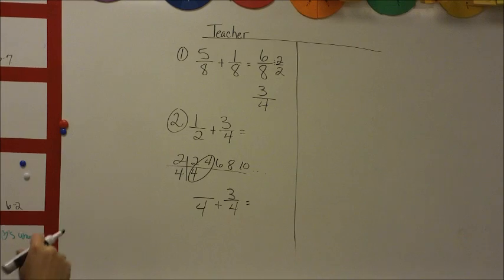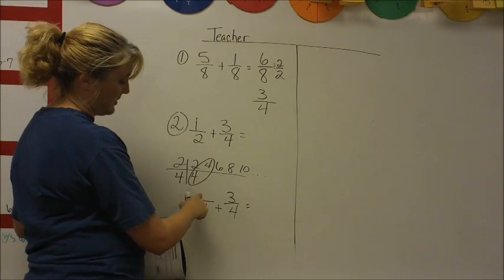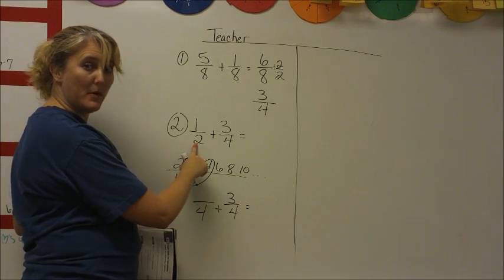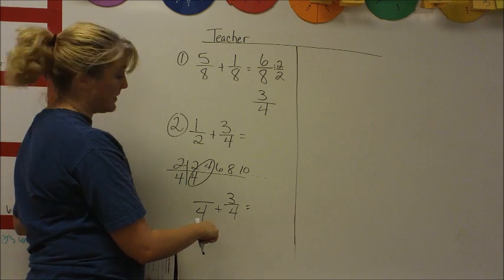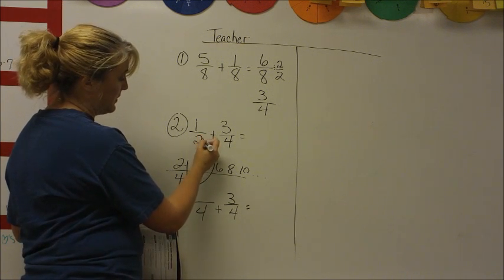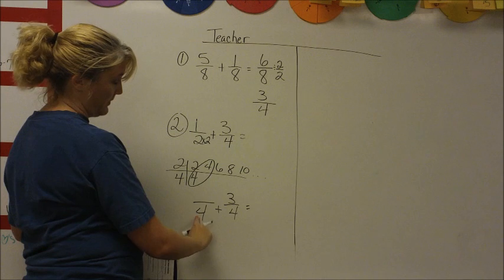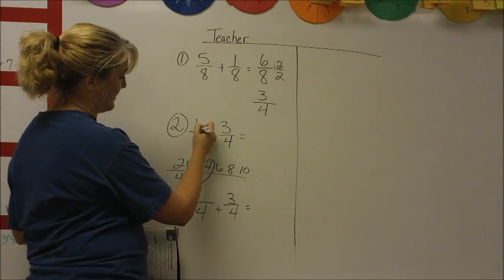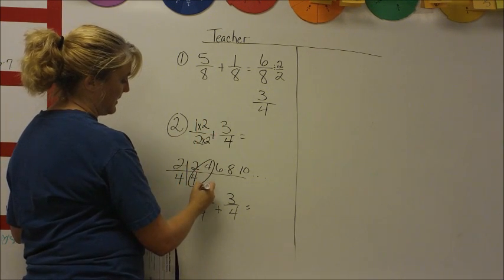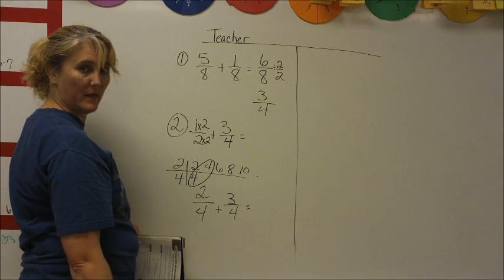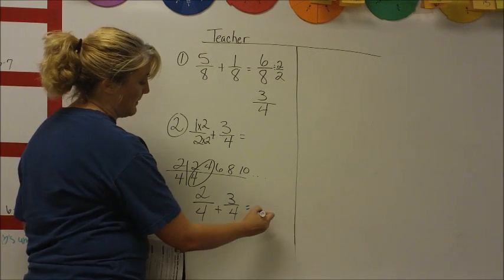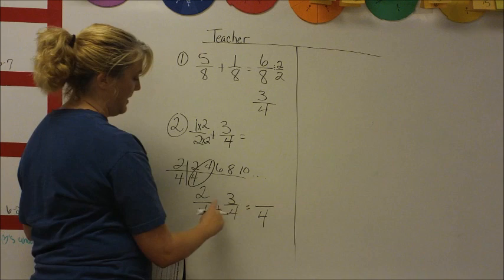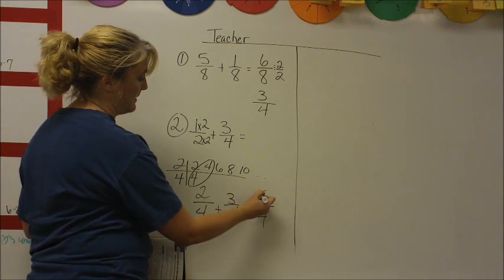Sorry about that. I can't just move this 1 down here on top of the 4. If I change my bottom number, I have to change my top number too. So 2 times 2 is 4. So what I do to the bottom, I have to also do to the top. 1 times 2 is 2. Now that I have my common denominator, keep that, and 2 plus 3 is 5.